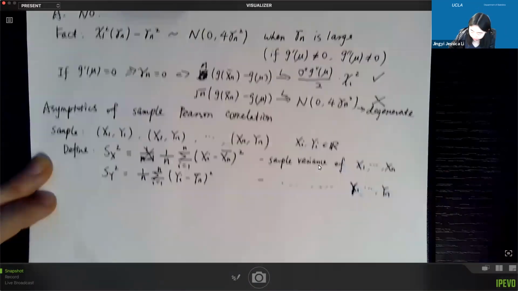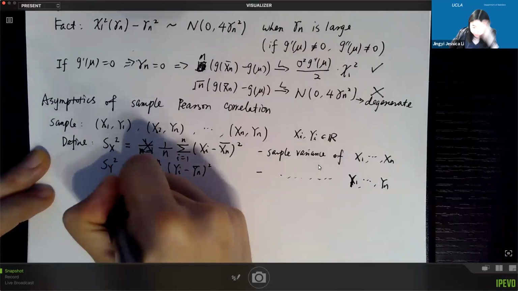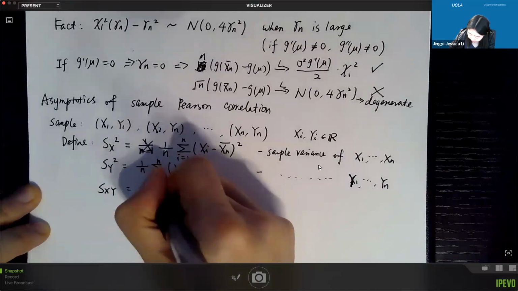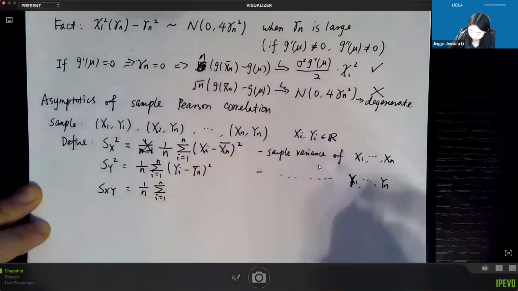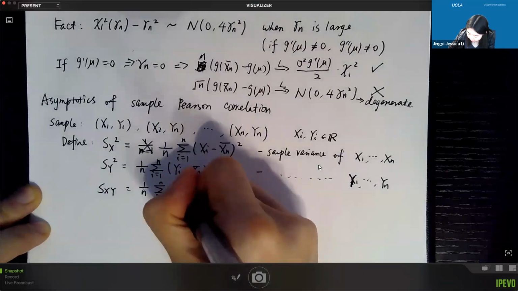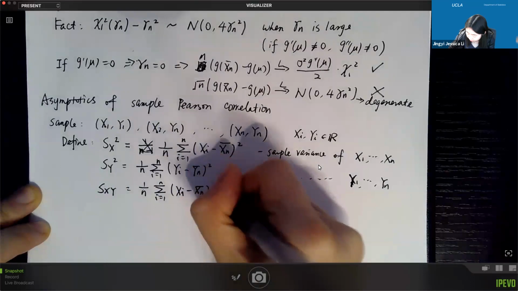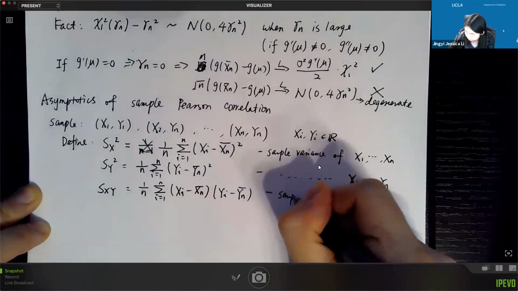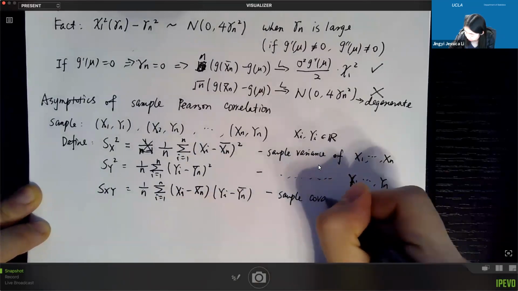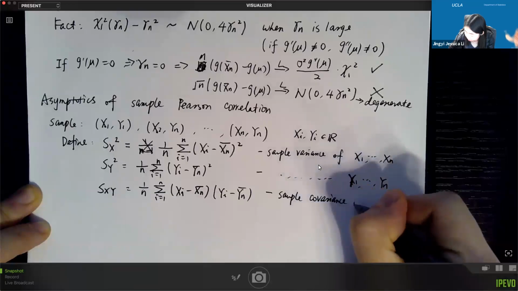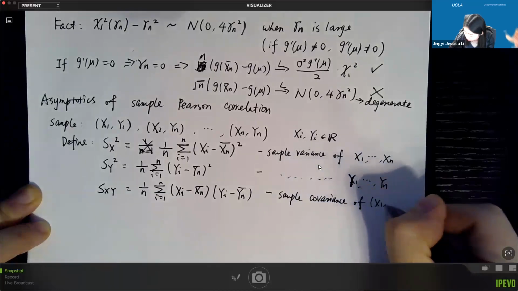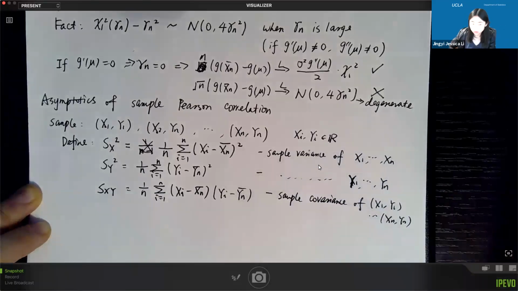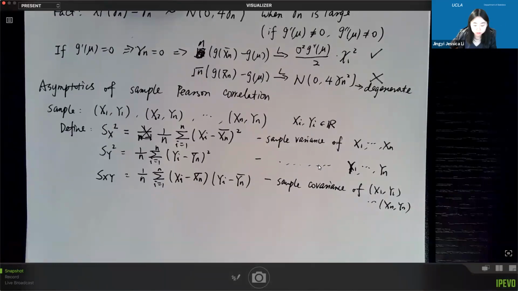And we have the sample covariance, which we write as Sxy. Here it's defined as 1 over n times the sum of xi minus xn bar times yi minus yn bar. And we call it the sample covariance of the pairs x1, y1 to xn, yn. Okay, so we have the sample variances and sample covariance.